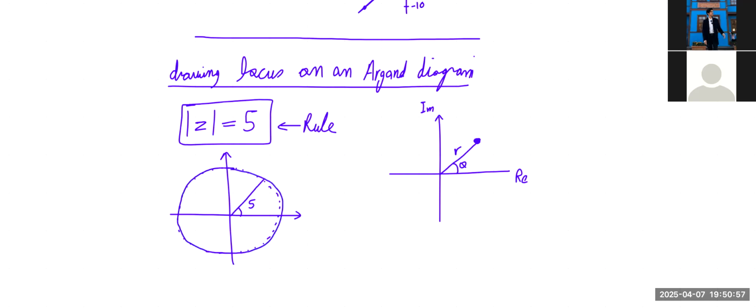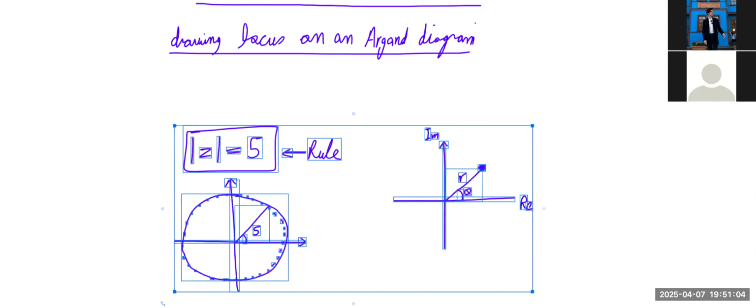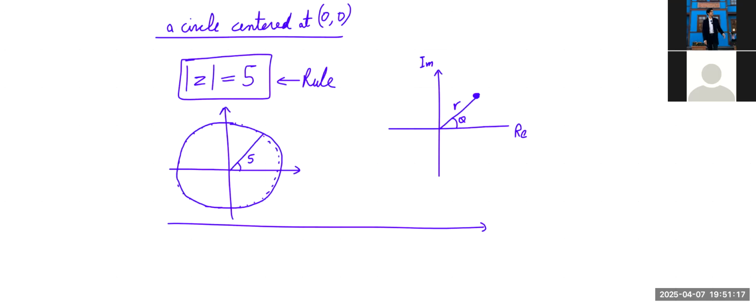Do you see the logic behind this? Yes. So by setting this specific rule, you've created a circle on the Argand diagram, specifically a circle centered at 0, 0. Because again, I didn't say any rules that specify a different center.